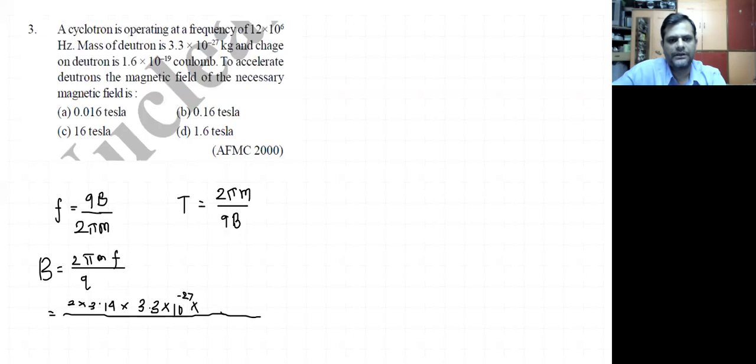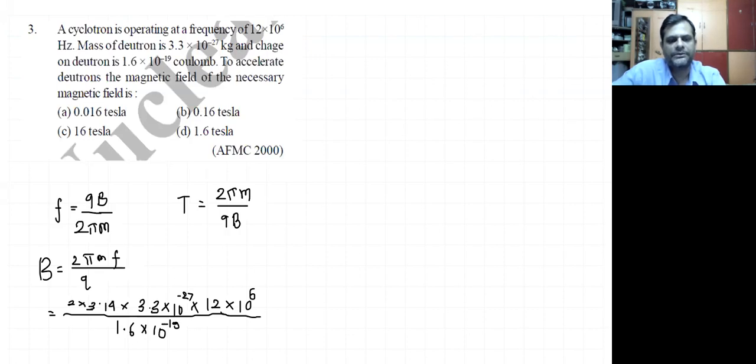Okay, and here it is frequency of deuteron, that is 12 into 10 raised to 6 here, and the charge, which is 1.6 into 10 raised to minus 19. Now see, remember here that we don't have to calculate the final answer most accurately. बहुत ज़्यादा accurate निकाल के कोई फायदा नहीं है, ठीक है. हमको approximate answer भी मिलेगा तो भी चलेगा, but we have to solve it quick.